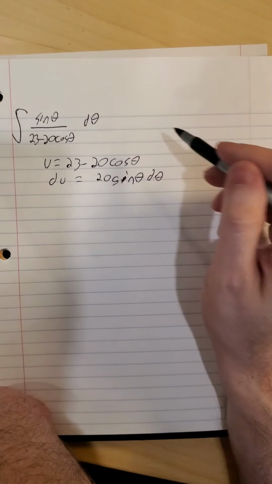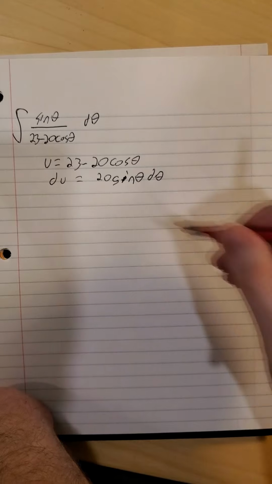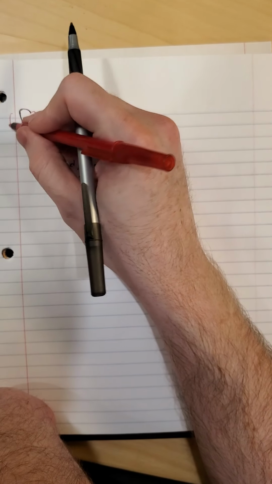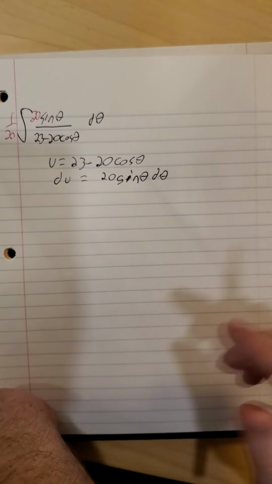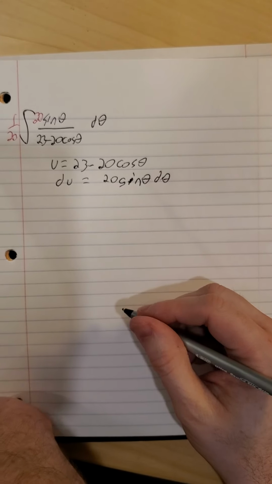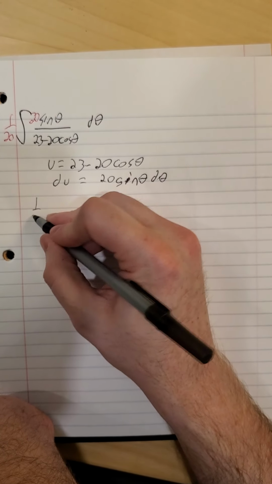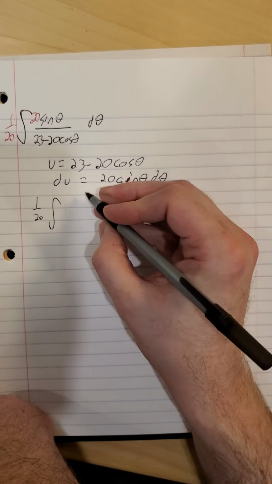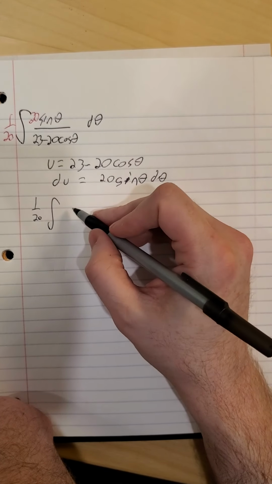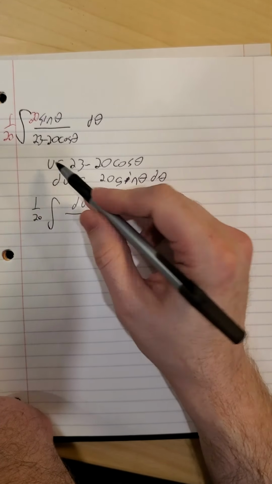So I see the sine theta d theta, I don't see the 20, so we're multiplying by 1 again. Bring your 20, bring your 1/20th. So this would be 1/20th integral of 20 sine theta d theta is du. 23 minus 20 cosine theta is u.